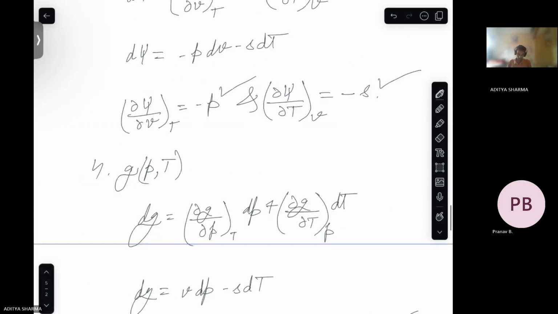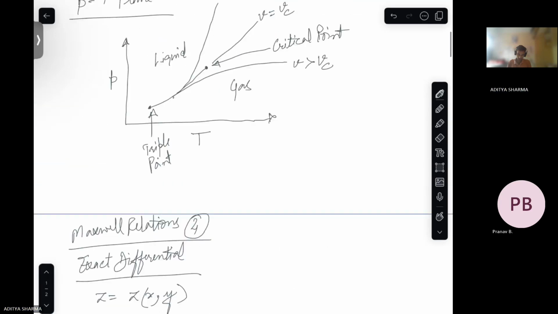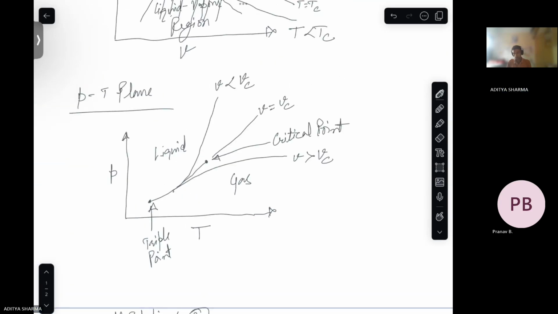Now, we discussed this pressure temperature plane, or phase diagram. In that case, there is one point where liquid and gas are coexisting, right?